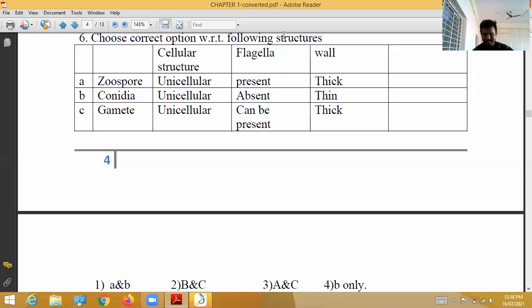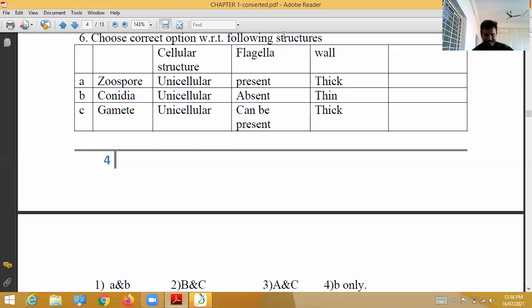Let's see option A and C. A and C are also wrong. Here, zoospores are given as thick, but in zoospores the wall is thin. Gametes thick is correct, but A and C are wrong.